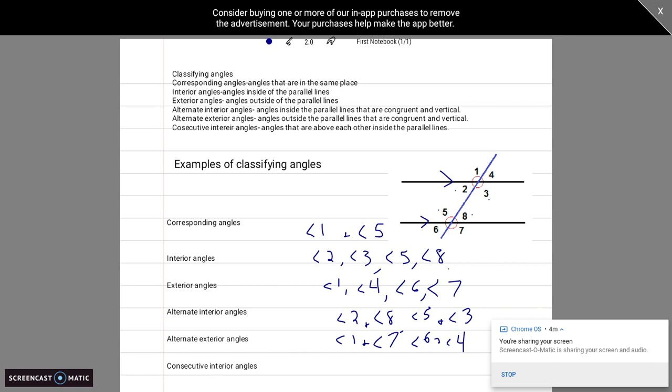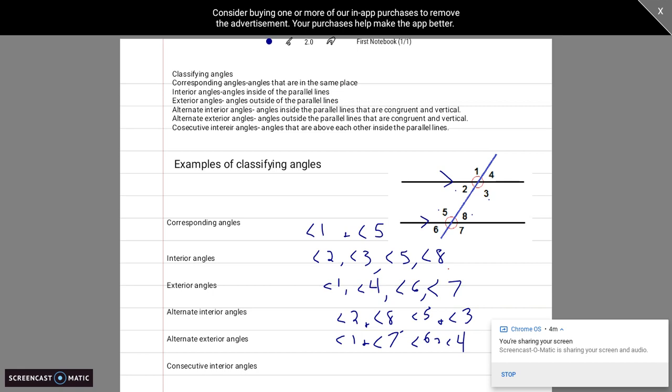The last set of angles I want to talk about are consecutive interior angles. We don't have consecutive exterior angles in this case, because consecutive means that they are one after another, and in most cases you're going to have the interior angles blocking the exterior angles from being right after each other. So there's really only consecutive interior angles.